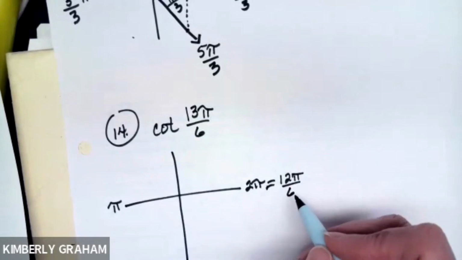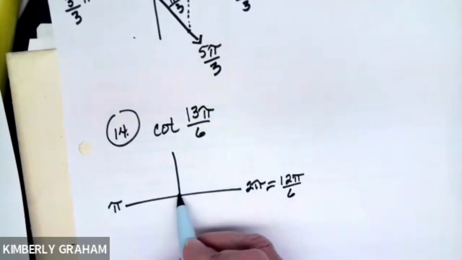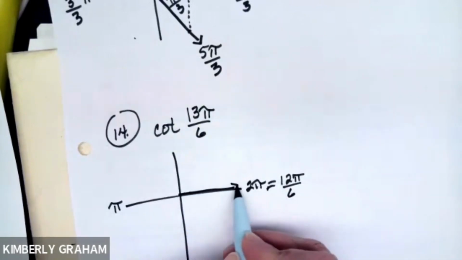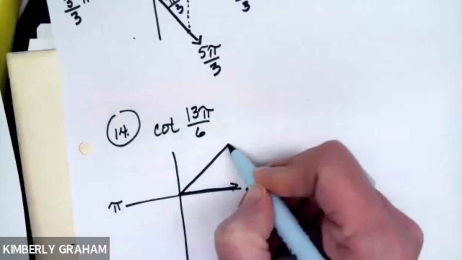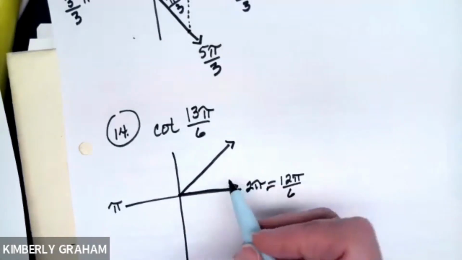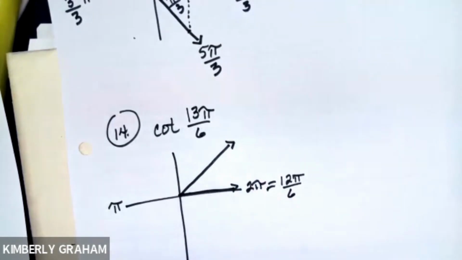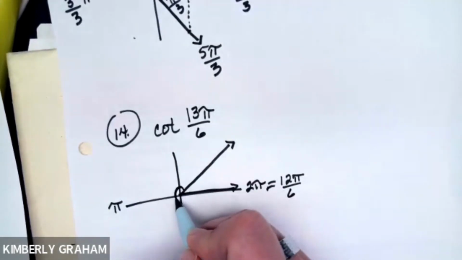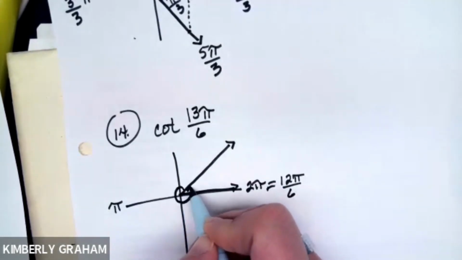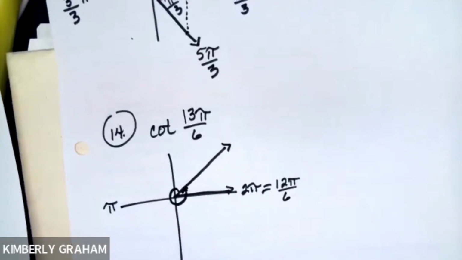So 12 divided by 6 is 2. So 13 pi over 6 is actually going to be up here in quadrant 1. It's all the way around and then some more. So that was my first step, to sketch the angle.